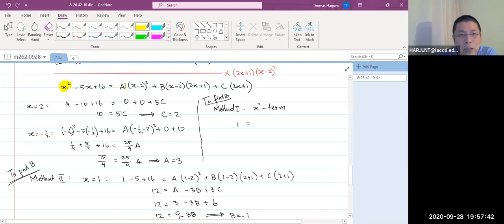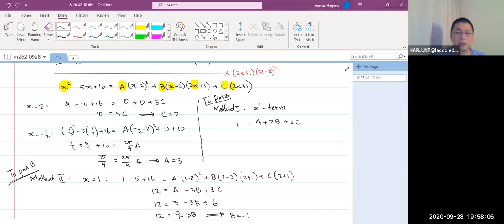On the right-hand side, the coefficient is a plus 2b plus 2c. You see that?